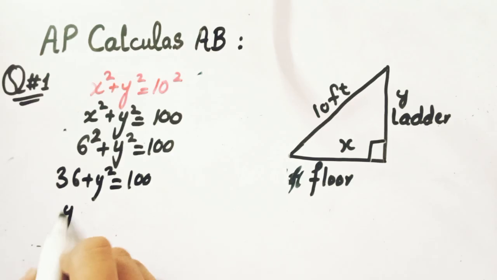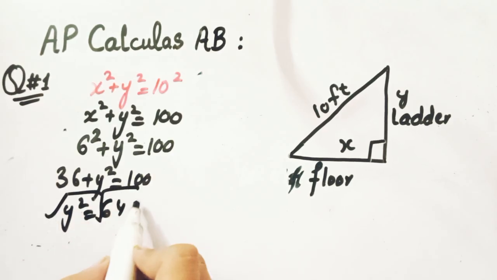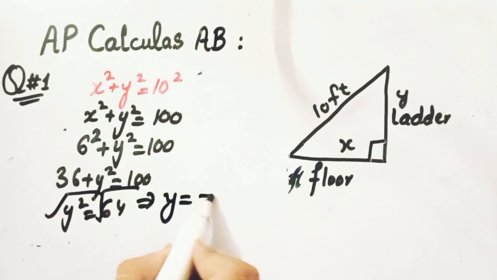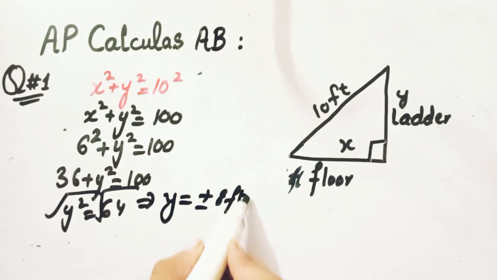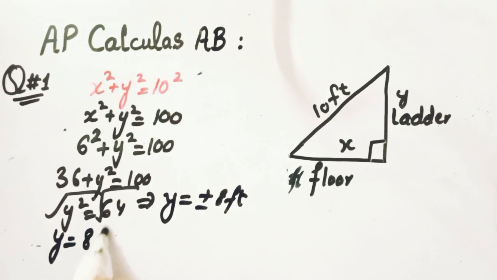So y square equals 64, and now we will take the root on both sides, so we get y equals plus or minus 8 feet. We will consider only the positive value, y equals 8 feet. Now at this exact moment, the base is 6 feet out, and the top of our ladder sits exactly 8 feet high up the wall, and so we have every piece of the puzzle.